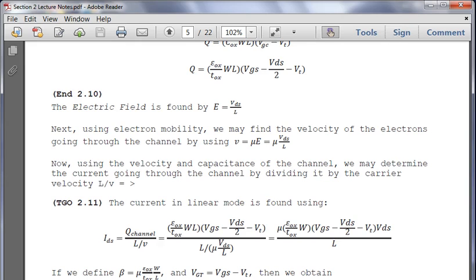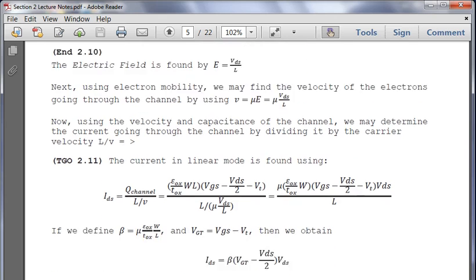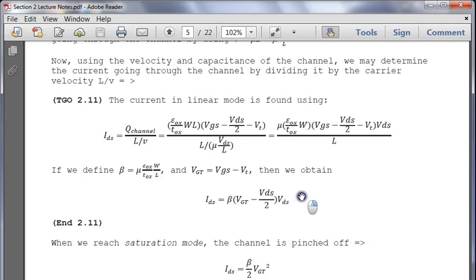So then, to simplify it a little further, they're defining this VGT as the gate source voltage minus your threshold voltage, which are these two here, right? I'm going to scroll up just a little bit because I see some people cranking their heads. So then this is the final equation, the one that's presented in the textbook.